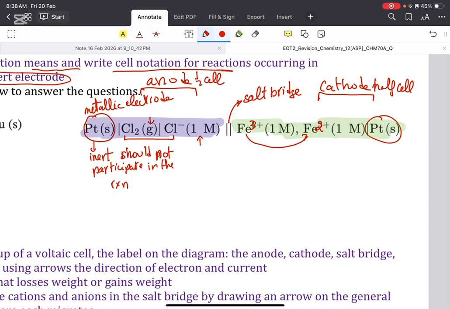So that's reduction. Well, here it's written in the opposite way. So this is the cathode. Because I have two solutions, I need a metallic electrode to allow the passage of electrons. So we're going to use an inert electrode.